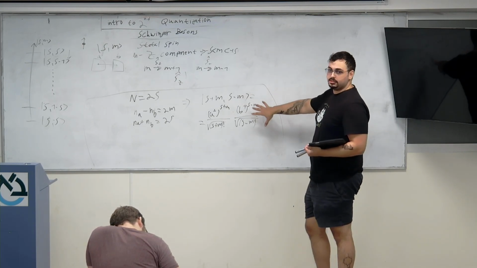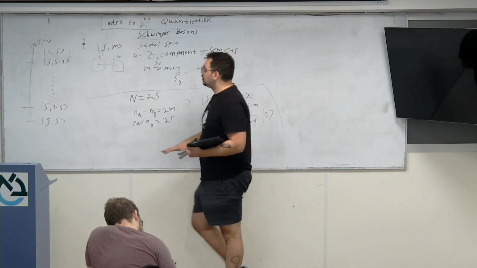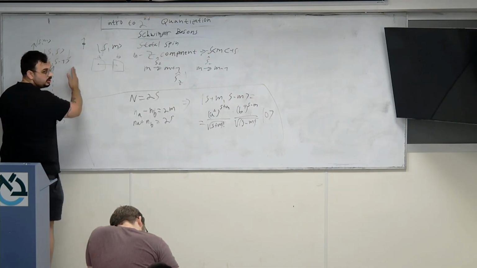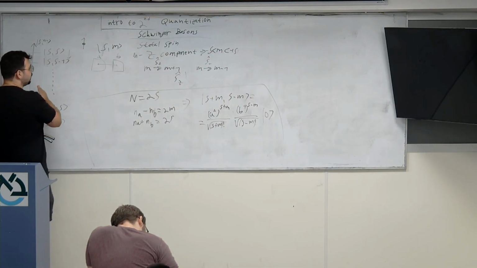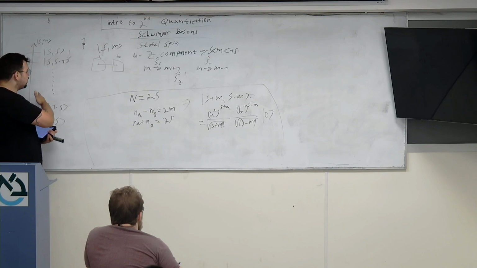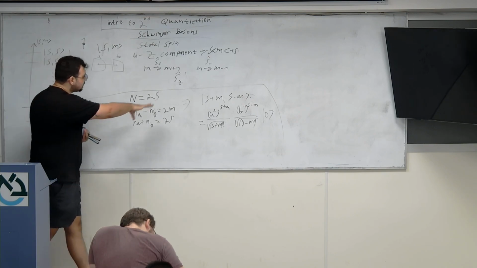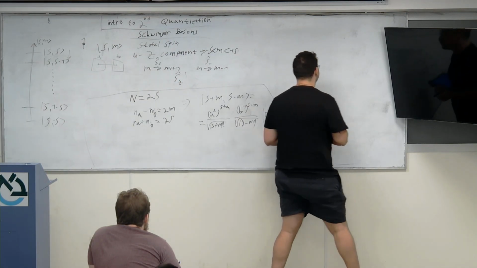So how would this look? We had a very clear diagram for the spin state. How would this particle state look?